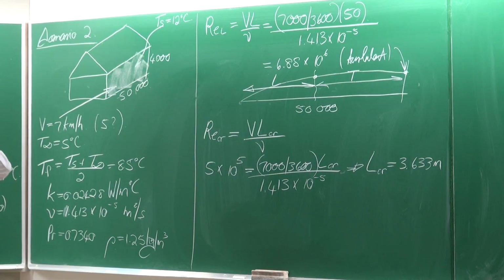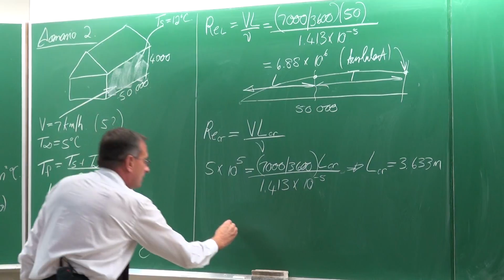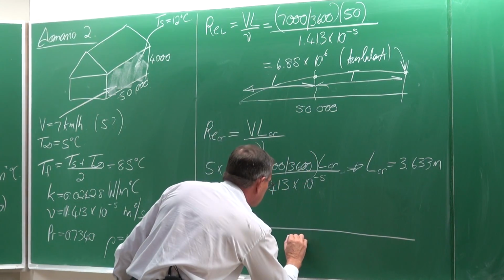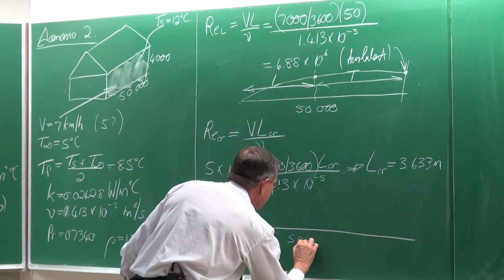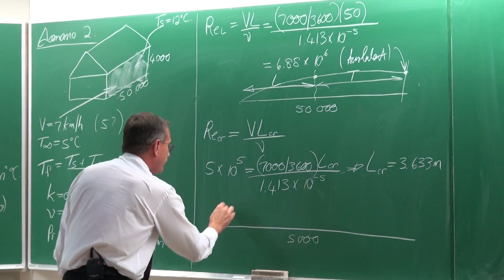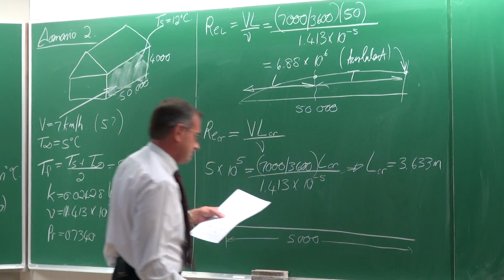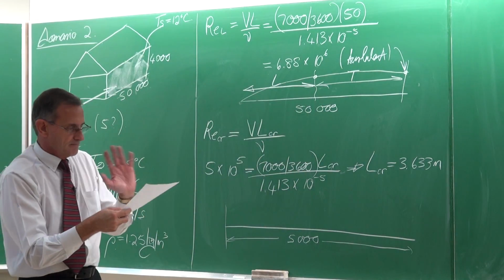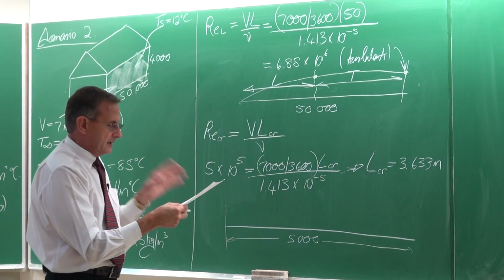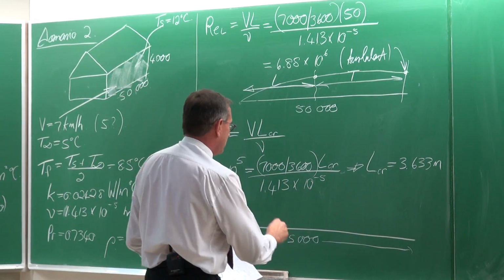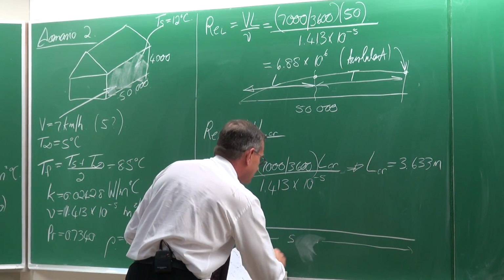So, if you want to see the bigger picture in terms of this plate, we consider this as a flat plate, 5 meters. I know I made a mistake here somewhere. Oh, sorry, 50 meters, yeah, 50 meters.